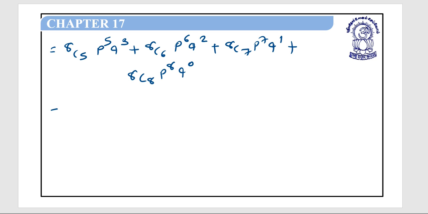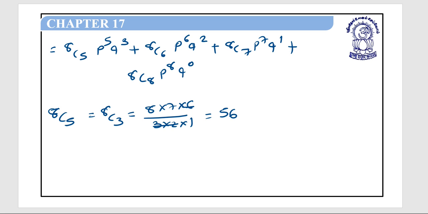Now put the values into p q. 8c5 is 8c3, which is 8 into 7 into 6 upon 3 into 2 into 1, 3 2s are 6 cancel, 8 7s are 56.